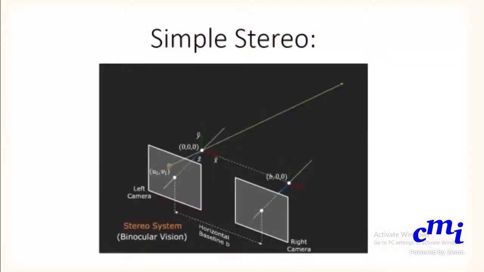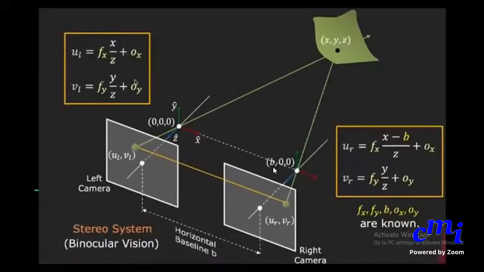Before diving in, we'll see how simple stereo works. You can see here there are two cameras, a left camera and a right camera. We know all the intrinsic parameters of the cameras, and the cameras are displaced by a horizontal baseline. If we take any point in the 3D workspace, using simple geometry we can derive the equations for the image coordinates in the left camera and in the right camera.